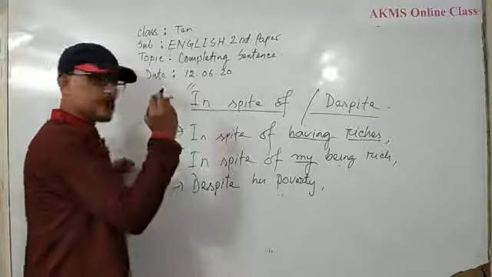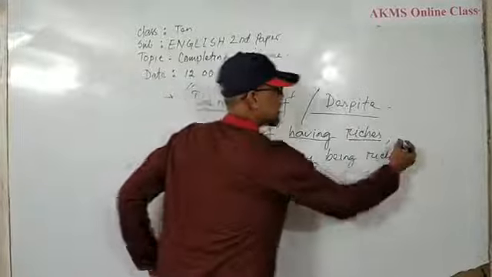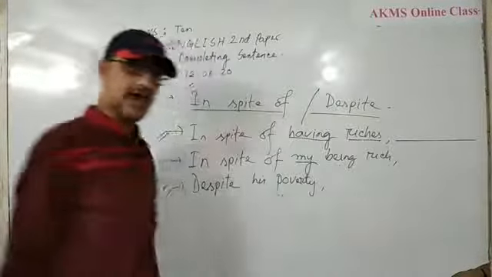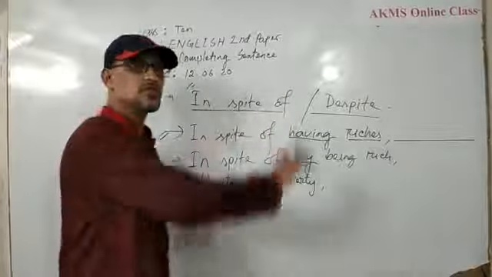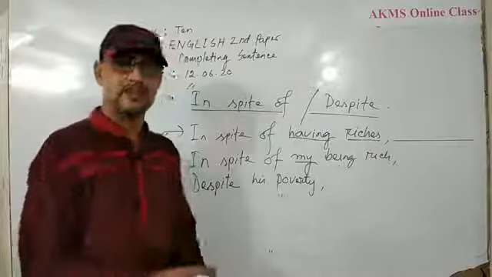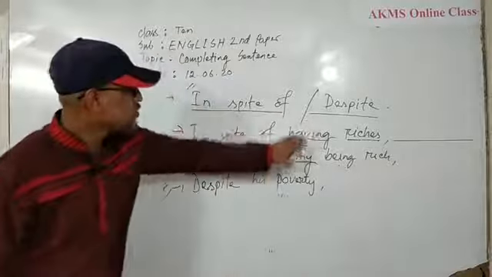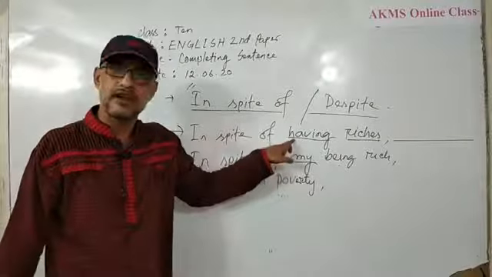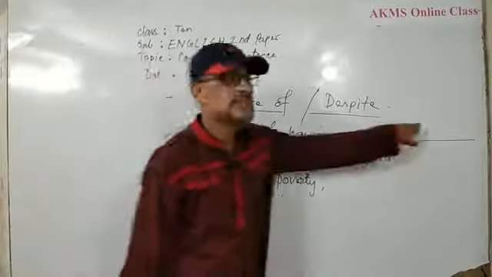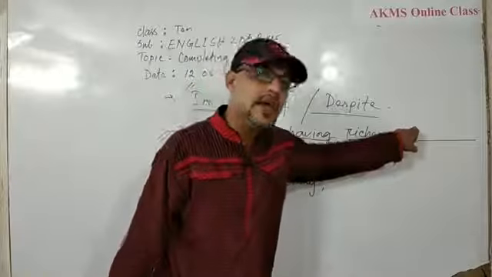In spite of having riches, you should write a clause here. You should use subject, verb, object. But there is no tense. I cannot identify any tense here. So you can write it in any tense.